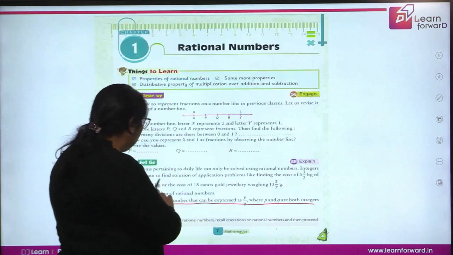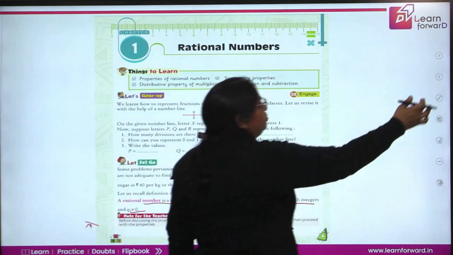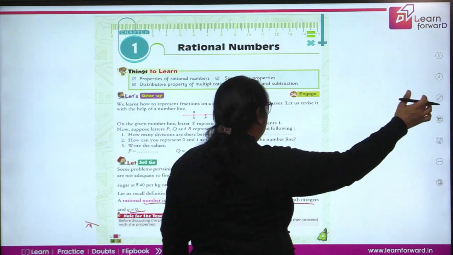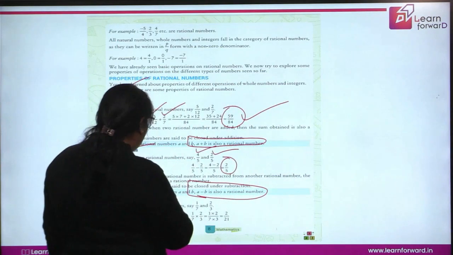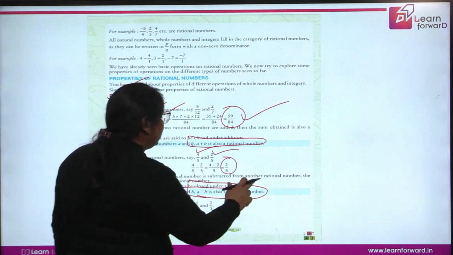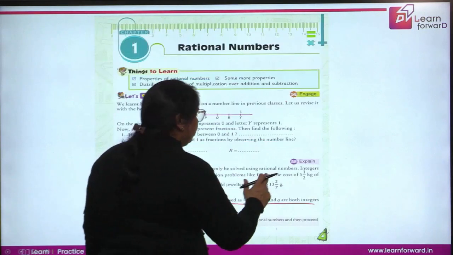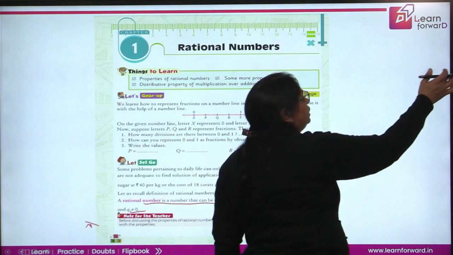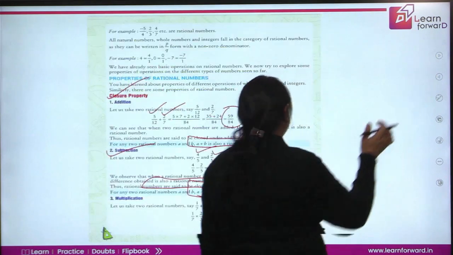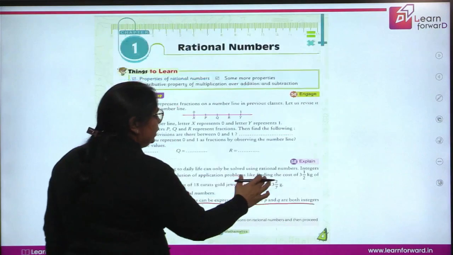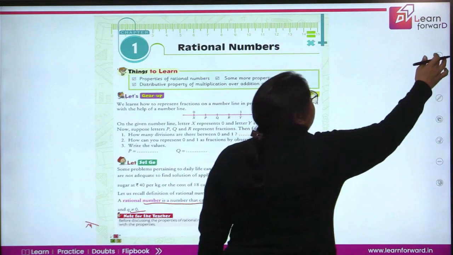So rational numbers are said to be closed under subtraction also. This is what the closure property of rational numbers states for subtraction.